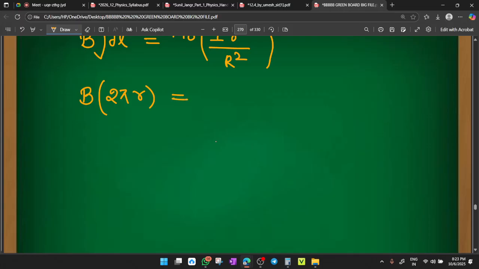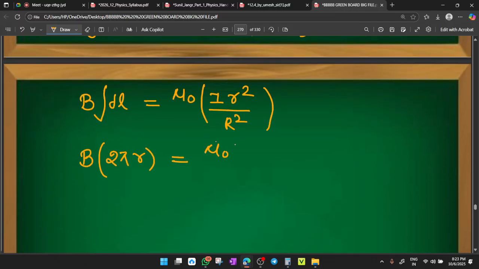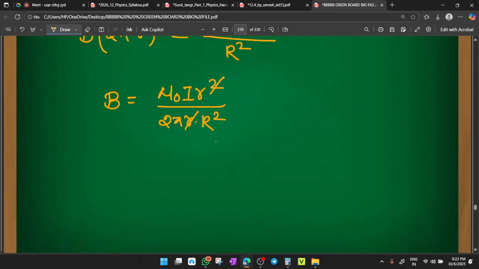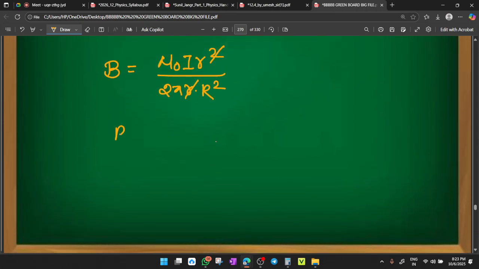So B times 2 pi r equals mu naught I small r square upon capital R square. Clear? So B equals mu naught I small r square upon 2 pi small r into capital R square. Now r cancels, so it equals mu naught I upon 2 pi capital R square into small r. Getting it?